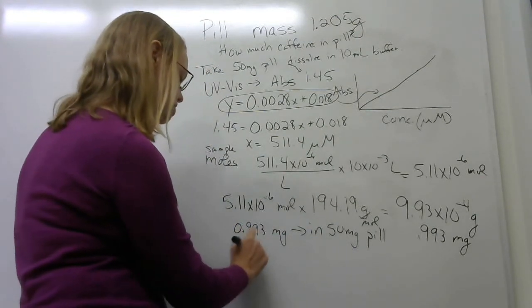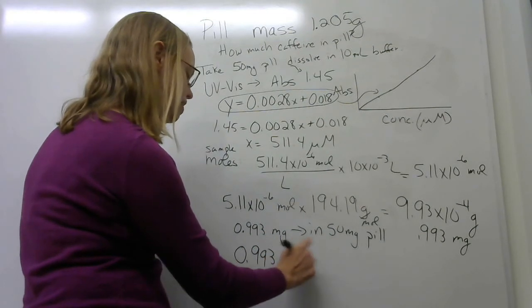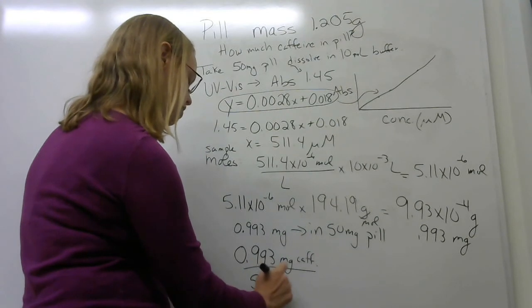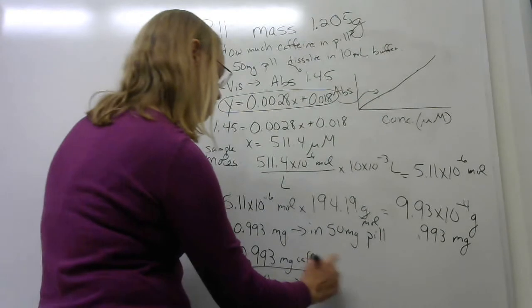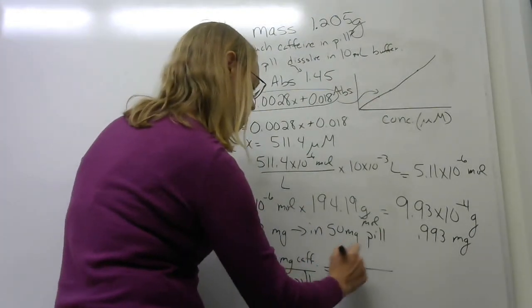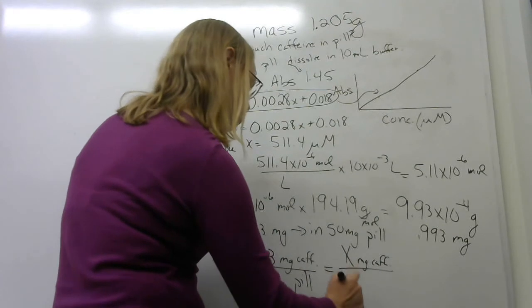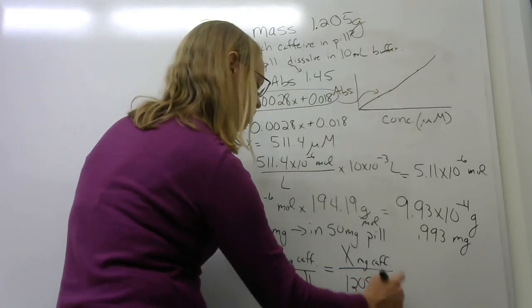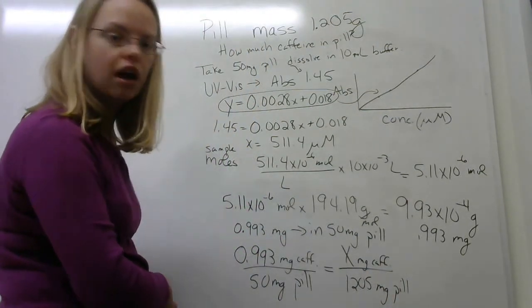So now I can just do a ratio. I have 0.993 milligrams of caffeine in 50 milligrams of the pill equals X milligrams of caffeine in the whole pill. That's my unknown, and I'm going to convert the pill to milligrams: 1,205 milligrams in the pill.